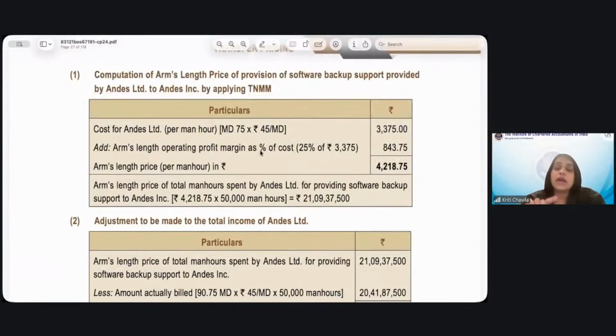Now, this is where you need to compare. This is where you need to compute the arm's length price. And how will you do that? Well, the cost for Andes Limited was 75 Malaysian dollars. You have to convert it to INR, which is 3375.